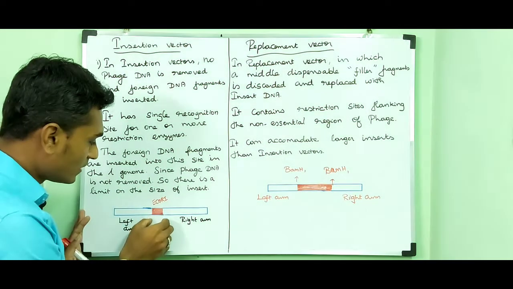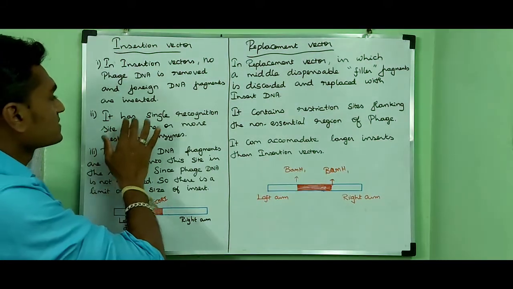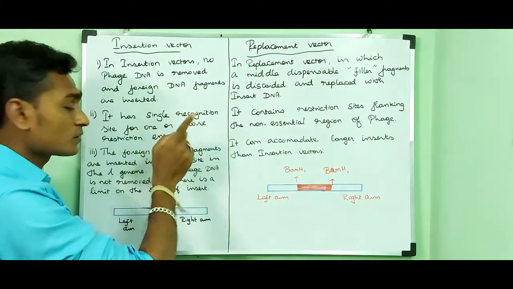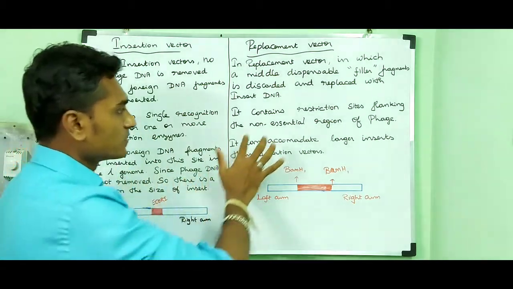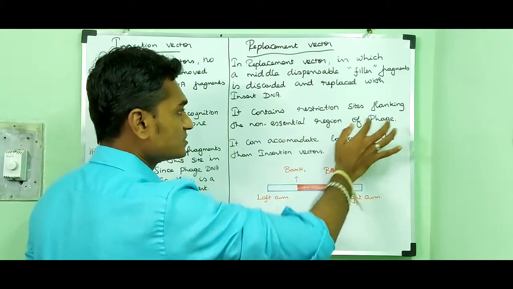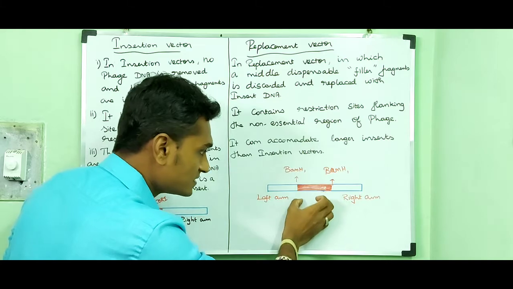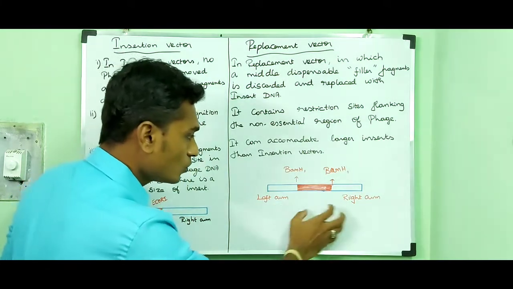It contains very small fragments of insert DNA. Then it has a single recognition site for one or more restriction enzymes. It contains restriction sites flanking the non-essential region of the phage. Flanking means this middle region is guarded by these two arms.